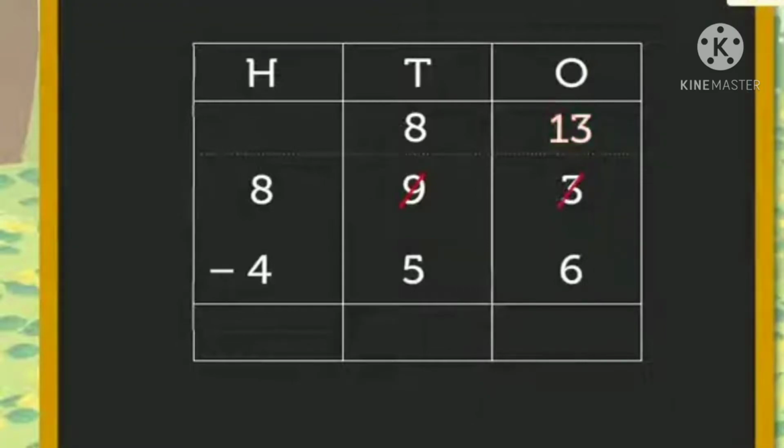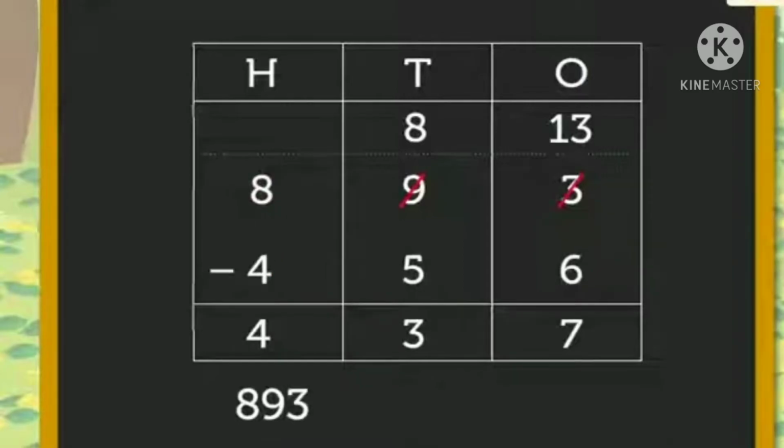Therefore, 13 minus 6 is equal to 7 ones. Now subtract the tens. That is 8 minus 5 is equal to 3. Lastly, subtract the hundreds. That is 8 minus 4 is equal to 4.